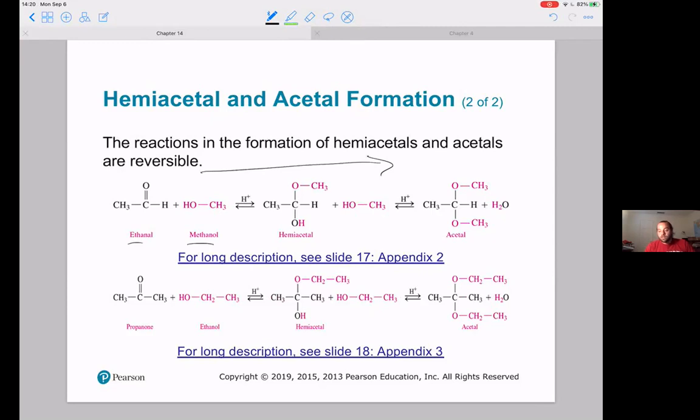So a smaller and smaller percentage of molecules will be in that acetal form when you have a larger aldehyde or ketone. Most important though is just to note that these are readily reversible. So if I did start out with my acetal in acidic conditions, it would also fall apart into an aldehyde and an alcohol. Just like if I started out with an aldehyde and alcohol, they would combine to form acetal.